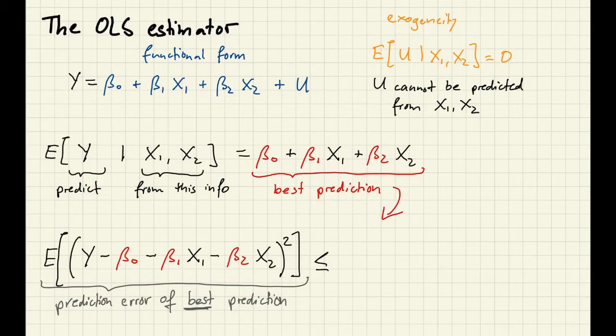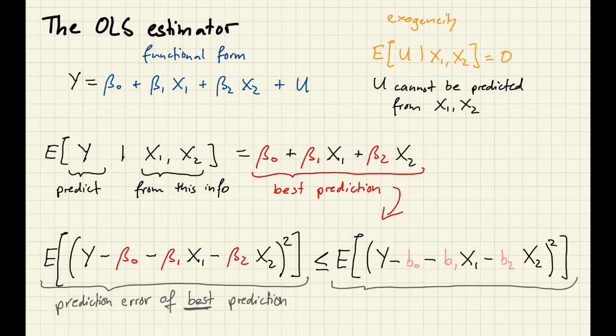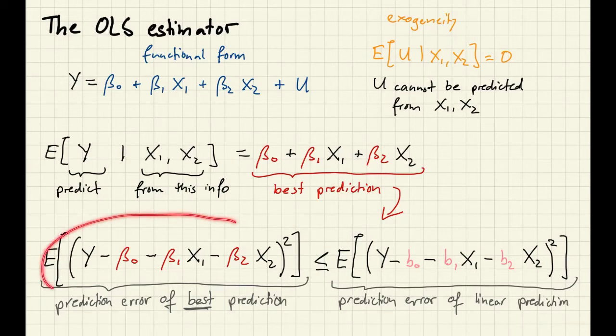So let's just write down the prediction error from some other linear rule. So this is the prediction error of an arbitrary linear prediction. This inequality says that if we choose a linear prediction rule where the coefficients of the prediction rule correspond to the betas from our economic model, then we get a lower prediction error than we get by choosing any other linear prediction rule.